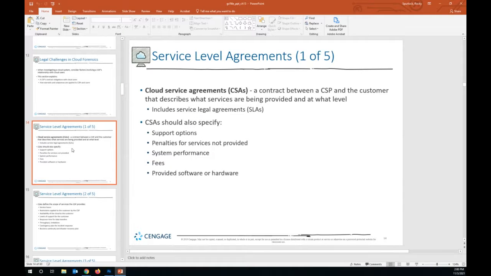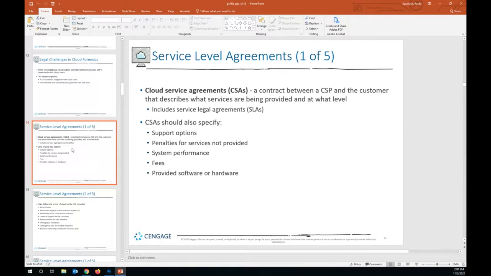All right, a cloud service agreement. That is a contract between a cloud service provider and a cloud customer. Now, any additions or changes to an SLA, a service level agreement, can be made through an admin.